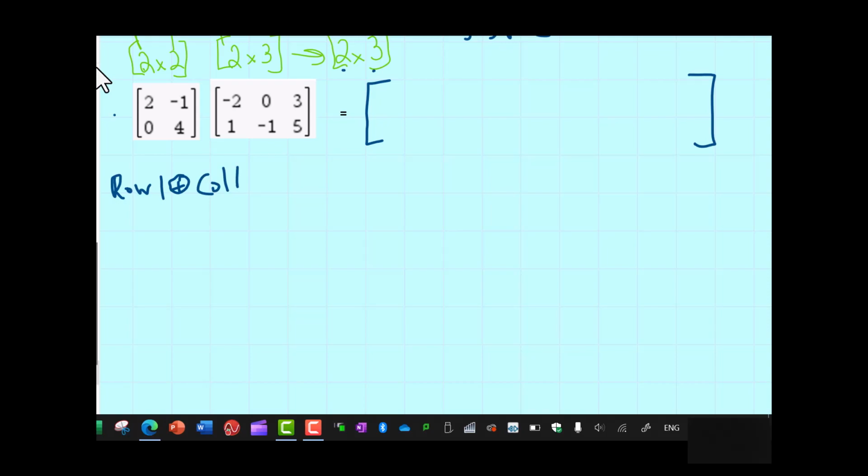So row 1, column 1, that's matrix A, and that's matrix B. Here we'll get 2 times -2 plus -1 times 1, and we compute that on the next line.